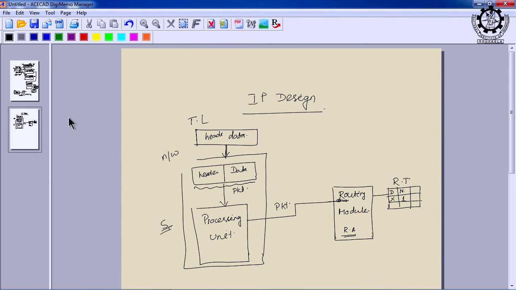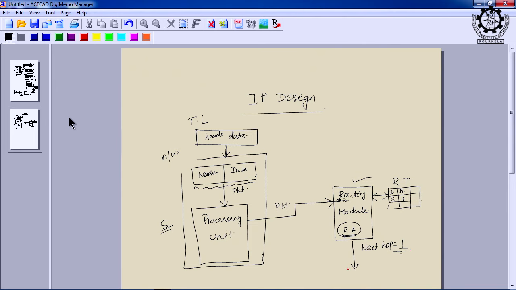So, this information is collected from the routing table by the routing module, by executing this routing algorithm, and it is found that my next hop is 1, any router or intermediate node whose number is 1. That means the datagram or the packet has to go to the next hop 1.